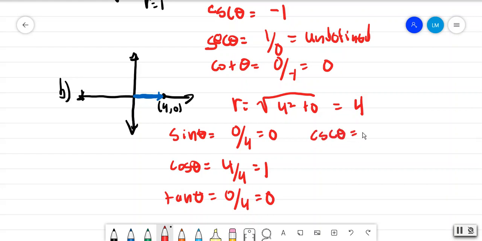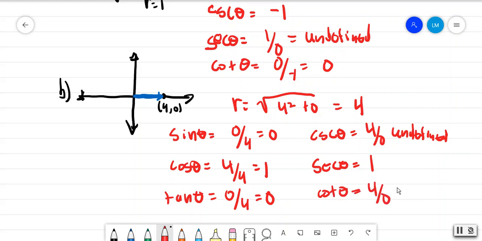Cosecant of theta is 4 over 0, but that's undefined. And then secant of theta is going to be just 1. And cotangent of theta is going to be 4 over 0, which is also undefined because we can't divide by 0.